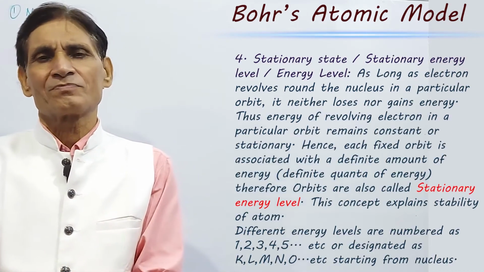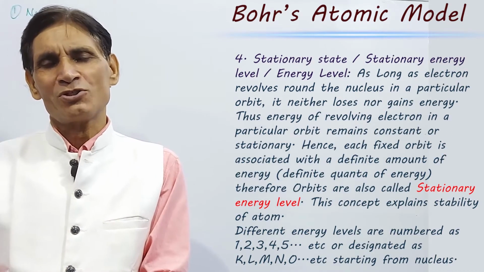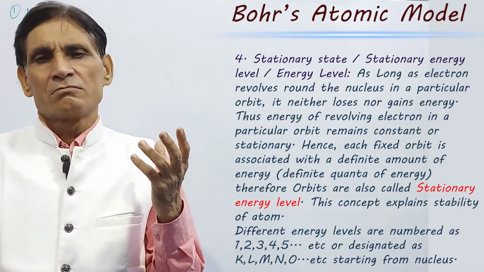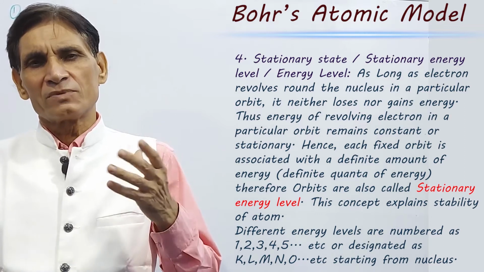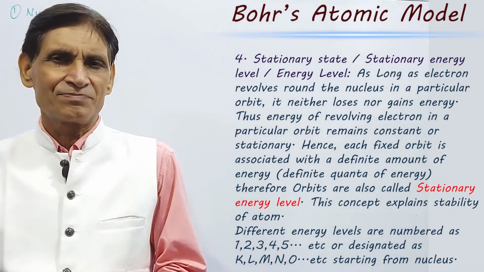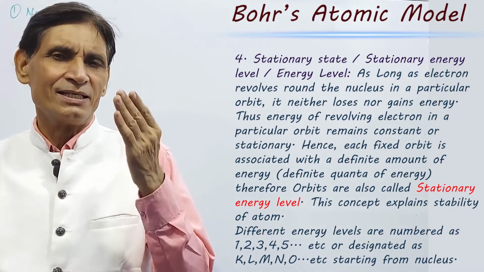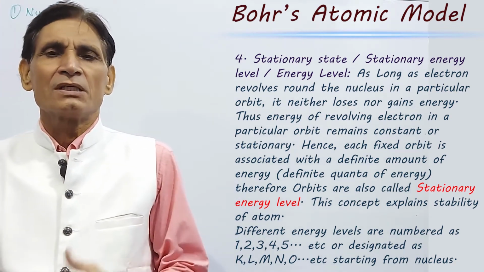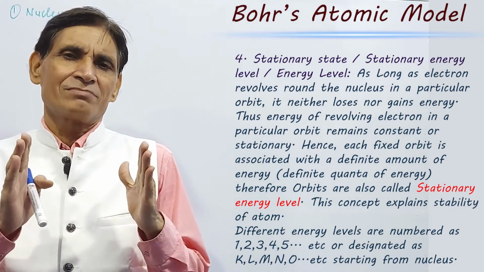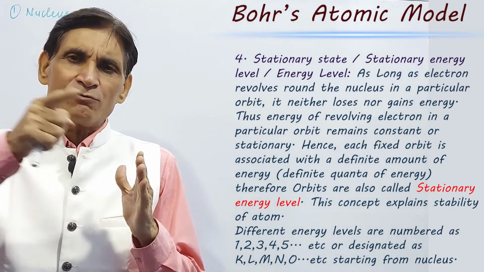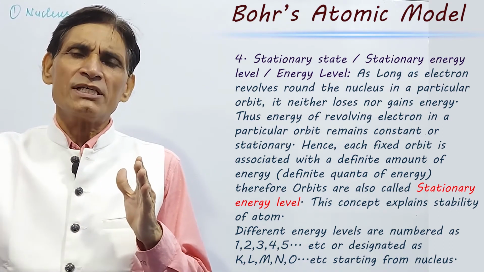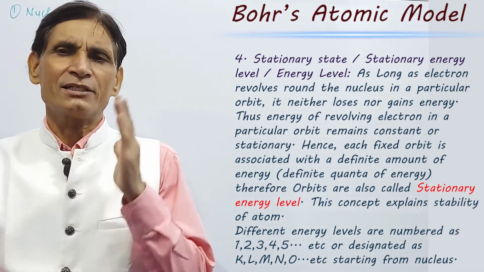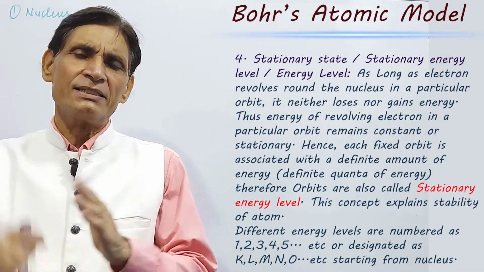Fourth point in Bohr's postulate is stationary state or stationary energy level or energy level. As long as an electron revolves around the nucleus in a particular orbit or shell, it neither loses nor gains energy.